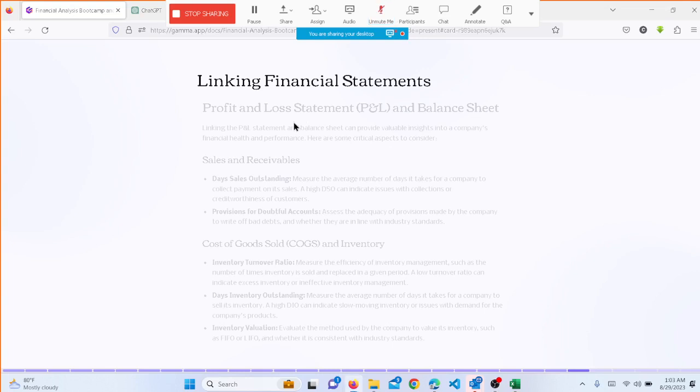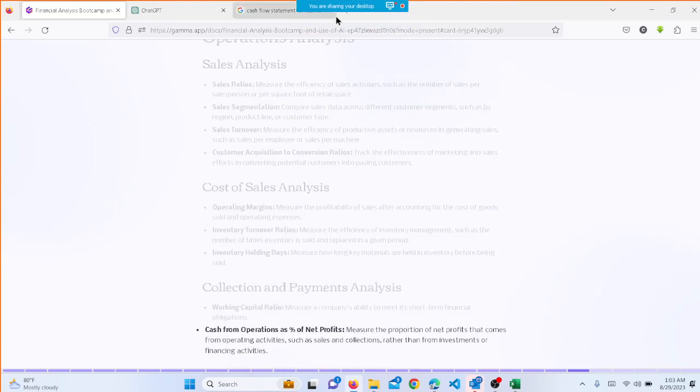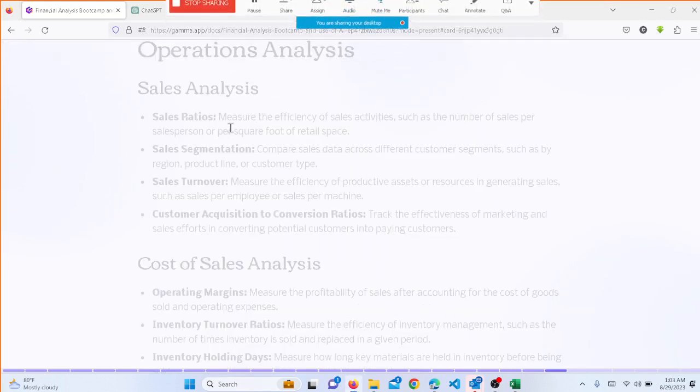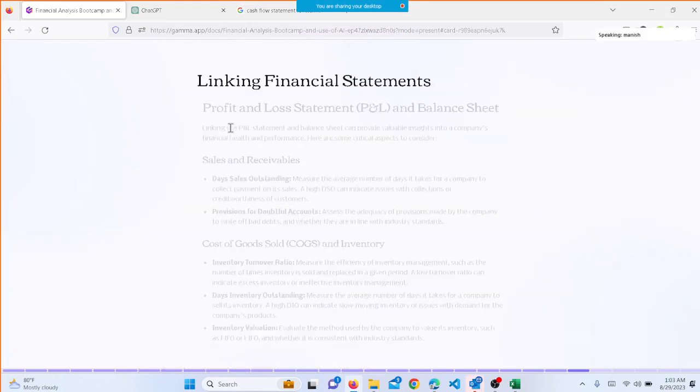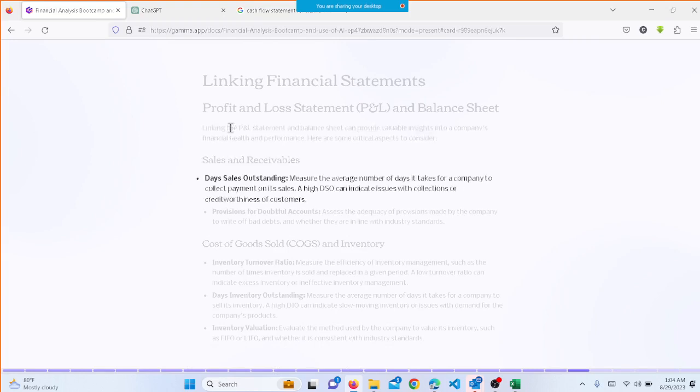Every financial statement usually is linked in different ways. So for example, sales and receivables data: how the sales and receivables are connected together.